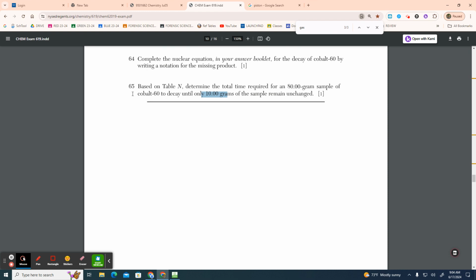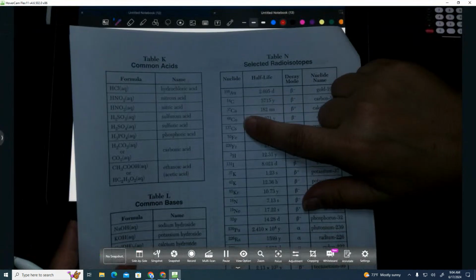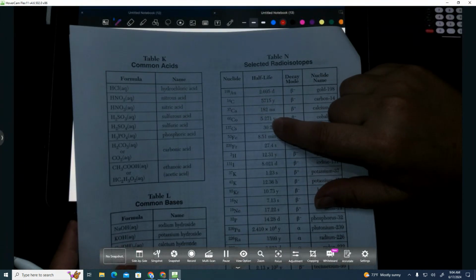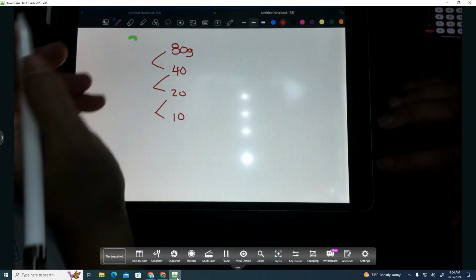Look up how long cobalt 60 takes. Is it 15 what? Years, seconds, months? Cobalt 60 takes 5.271 years.